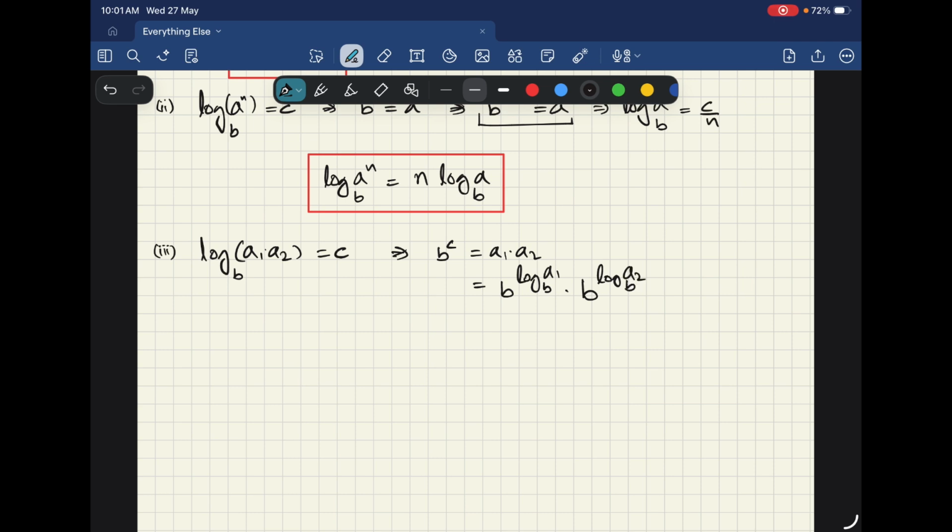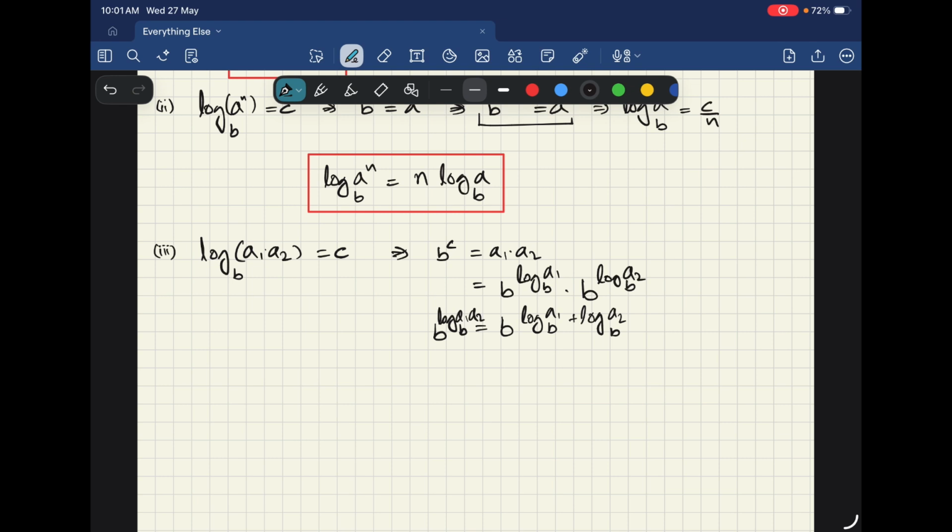And powers add up, so what we will get is b raised to the power log a1 base b plus log a2 base b, and in the left hand side we have b raised to the power c, that is nothing but b raised to the power log a1 a2 base b.